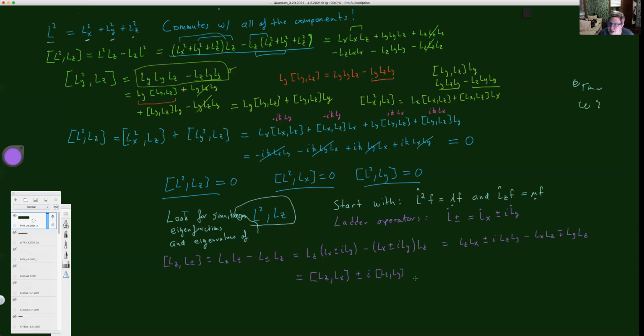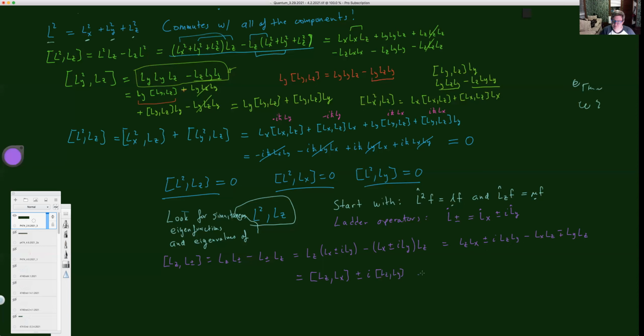If we write out what these are, the commutator of Lz and Lx is i h bar Ly. The commutator of Lz and Ly is minus i h bar Lx. You can look those up if you don't remember.